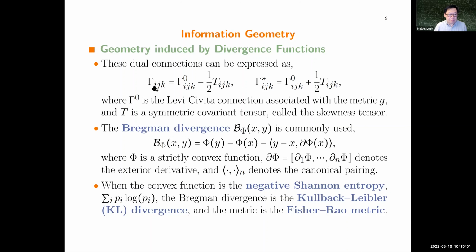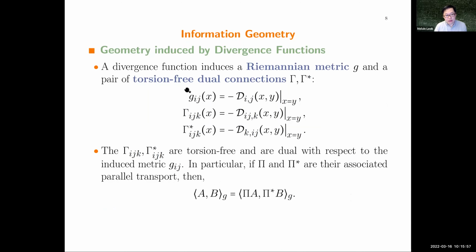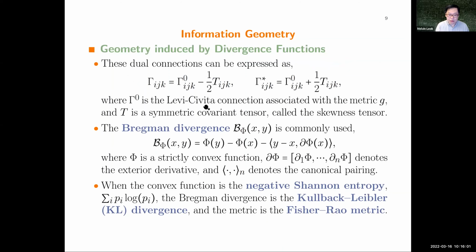Okay, and the upshot of this is that the skewness tensor and the metric tensor here are going to show up in an inverse problem where if I give you the metric and I give you this pair of affine connections, is there then a divergence function which induces that? Okay, and it turns out the solution of that inverse problem also has a nice mechanical interpretation.